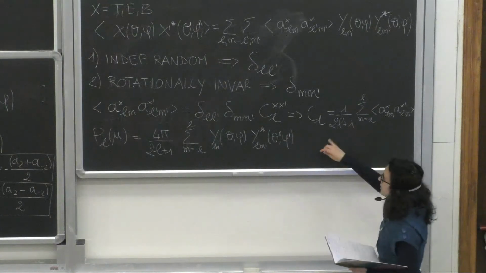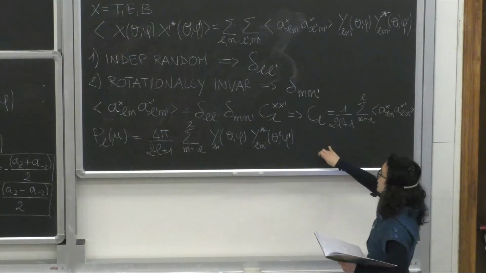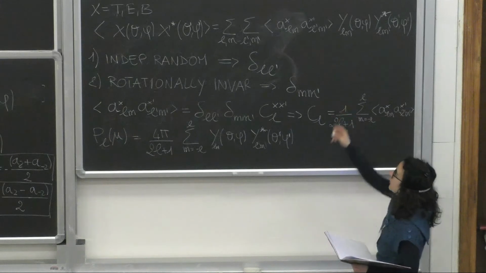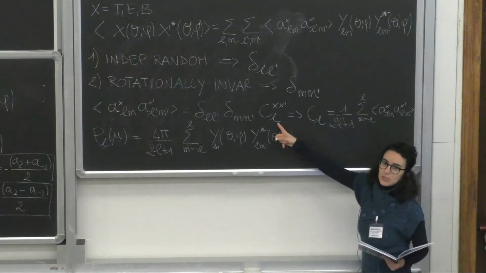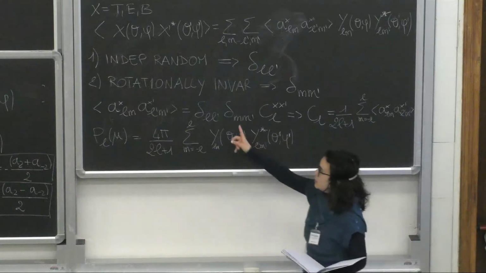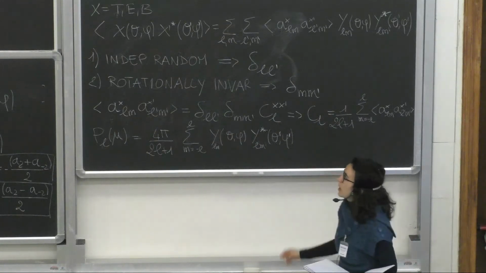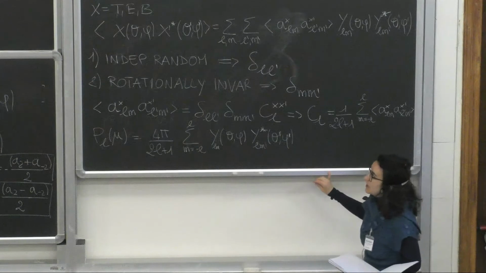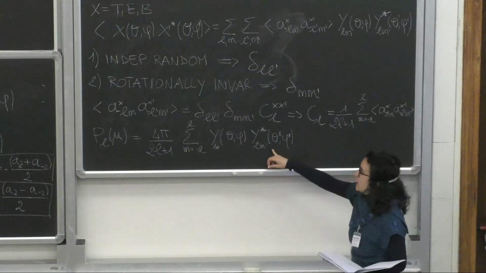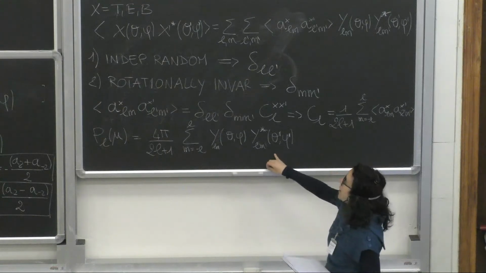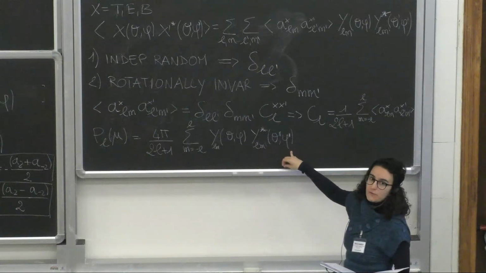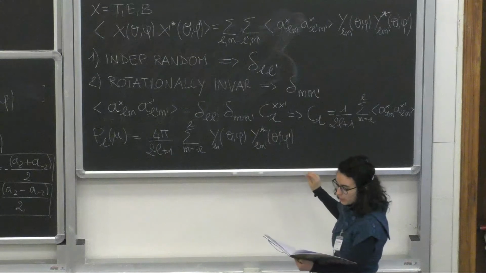So if we combine these two expressions, we use the expression of the ensemble average in terms of the power spectrum, use the property coming from randomness, independence, and rotational invariance, and we substitute the sum over the product of the spherical harmonics with the Legendre polynomial.